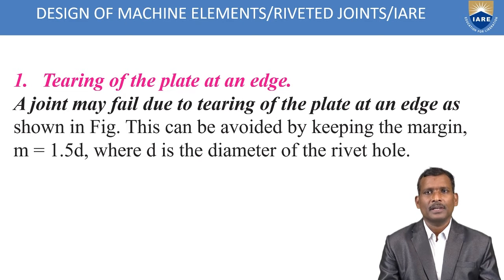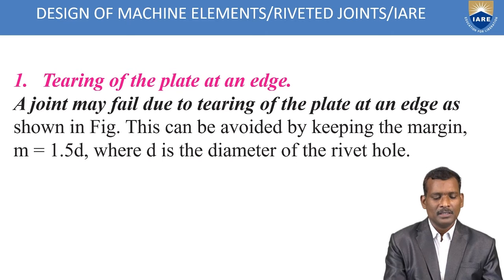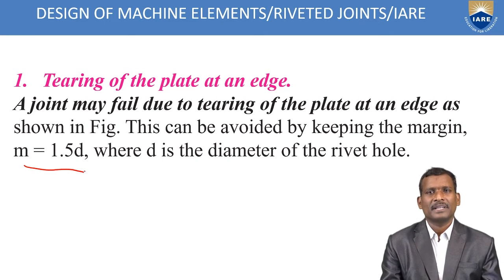This can be avoided by keeping the margin 1.5 times D, where D is the diameter of the rivet hole. You should avoid this type of failure. So to avoid failure for a safe design, always take the margin value equal to 1.5 times D.